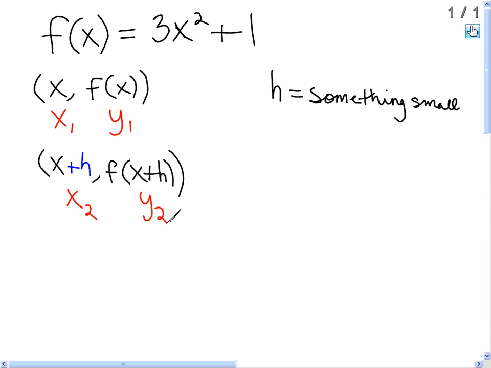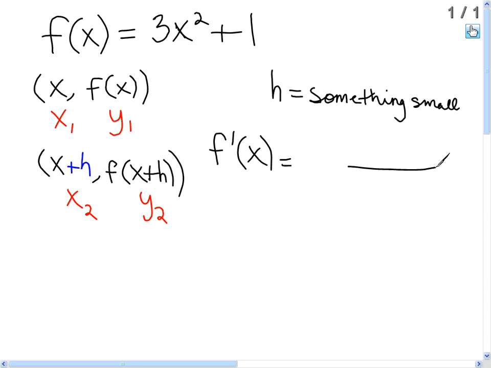So remember, we said that when we find the slope, it represents the derivative. So we called it f prime at that x value, which is going to be equal to the slope equation we know, the difference of the y's, that's y sub 2 minus y sub 1, over the difference of the x's, which is x sub 2 minus x sub 1.